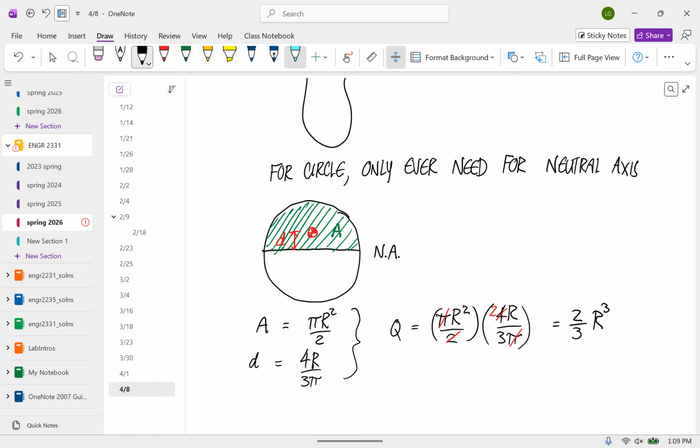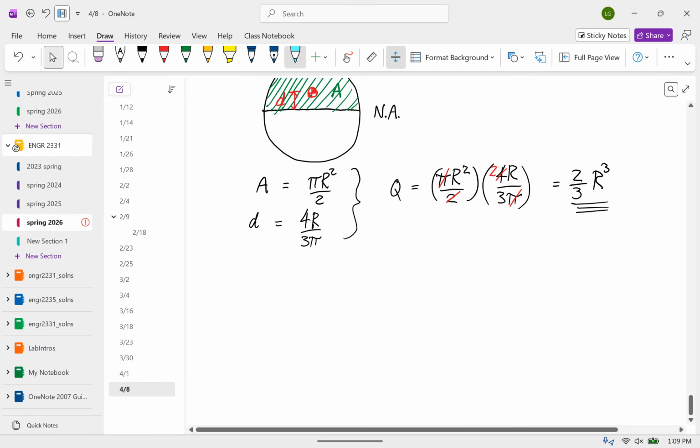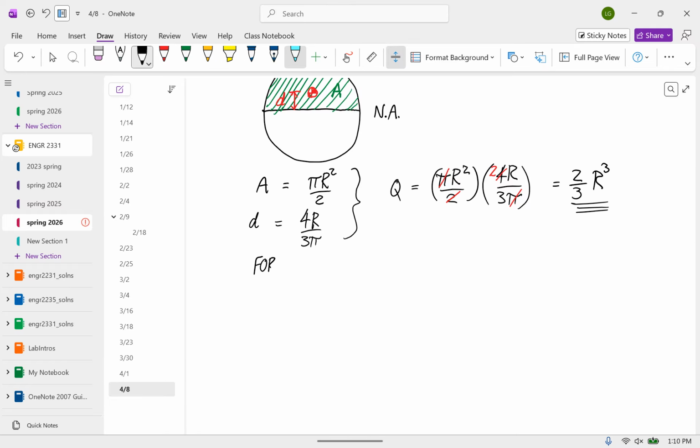Since that's the only line of interest that we can ever use, it never changes from this. I was wondering where that came from. On the answer sheet, there's a time where it was 2/3 r cubed. Where did this come from? You could even go further than that, because I is always the same for a circular cross section.